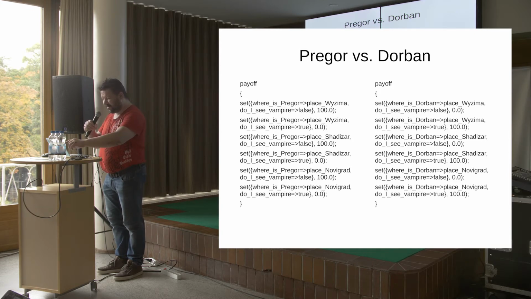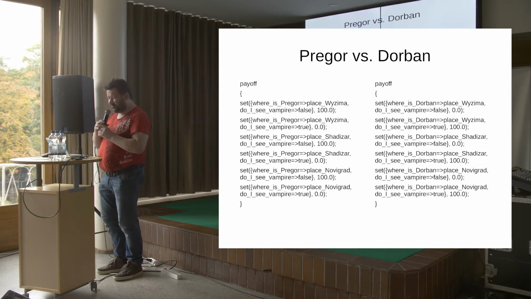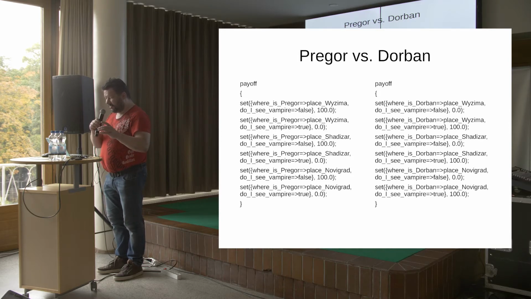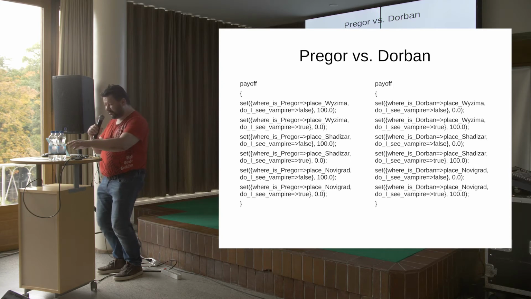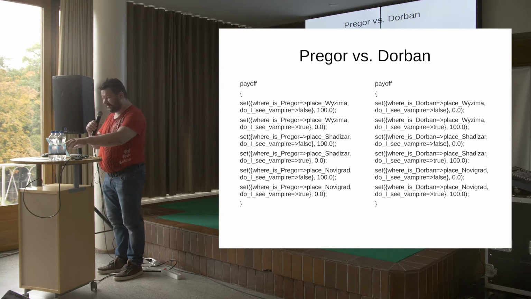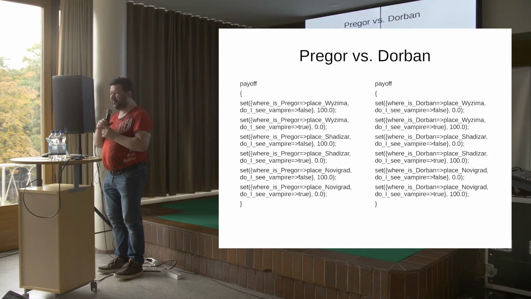When you have 100 on the Pregor side, you have 0 on the Dorban side, and the other way around. When you have 0 on the Pregor side, you have 100 on the Dorban side, which works so that Pregor thinks that not seeing the vampire is good. It is 100 points, while seeing the vampire is bad. When you have do I see vampire true, then it is 0, and that's why he tries to avoid the vampire.